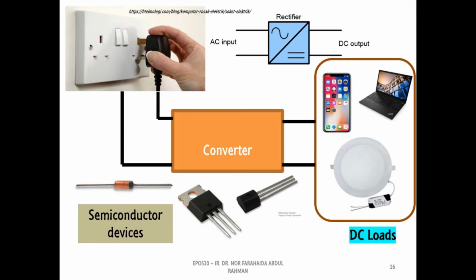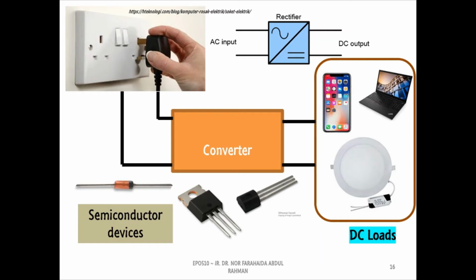Unlike low power electronic circuits, this converter usually is operating at the grid power level and frequency. There are single-phase and three-phase converters connected to the single-phase and three-phase power systems, respectively.